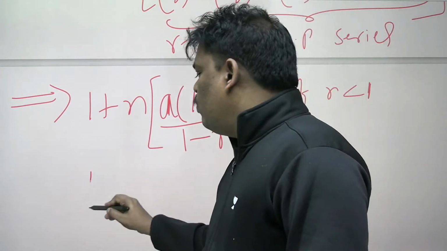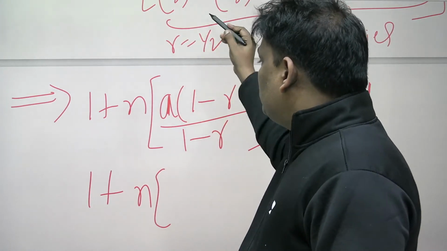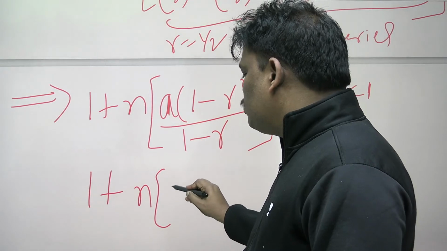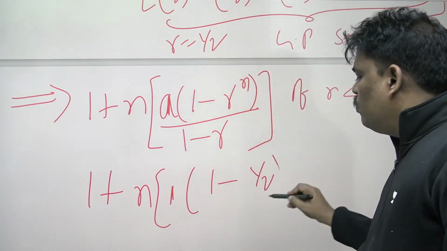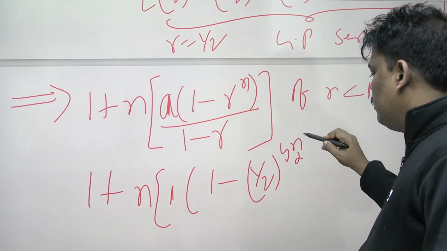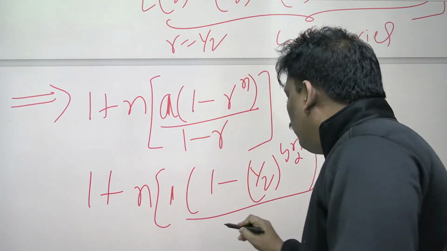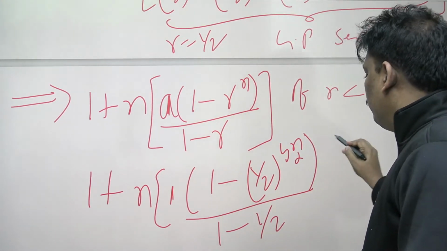Let me do 1 plus n into A value. A value is 1 by 2 whole power 0, which means 1. 1 minus R value, 1 by 2 whole power the number of terms, log n base 2, by 1 minus R, that is 1 minus 1 by 2.